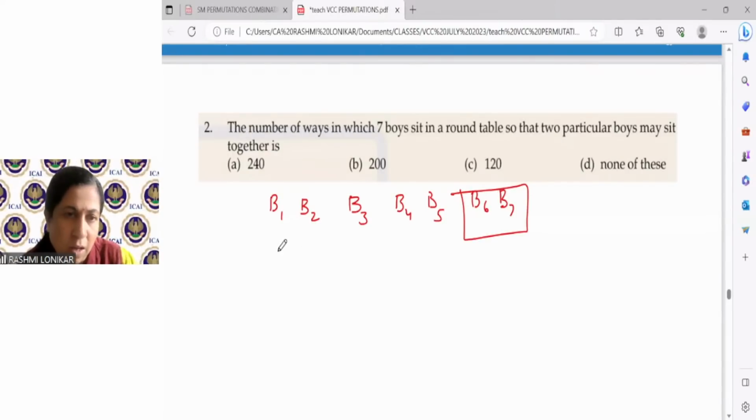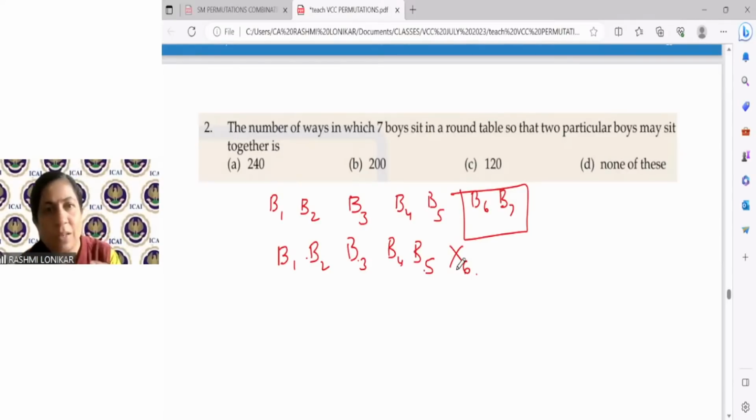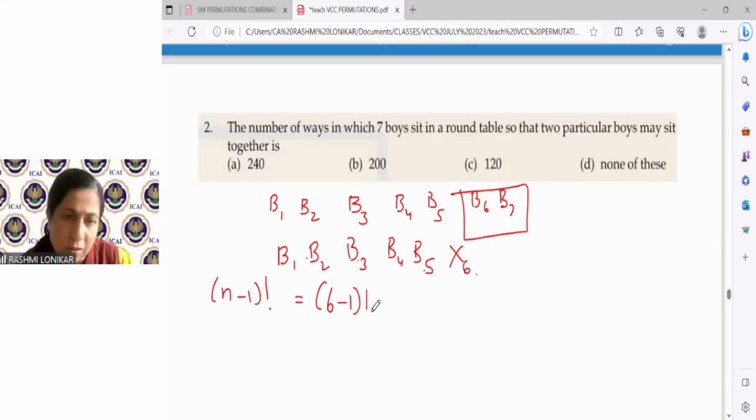So I have B1, B2, B3, B4, B5, and this I can say as X6. How many people are there? 1, 2, 3, 4, 5, 6. As if these two are sitting together on one chair. Not that type, but that is only there for our understanding. So this is 6 people sitting around a round table, that is (n minus 1) factorial, which will be how much? 6 minus 1 factorial, which is equal to 5 factorial, which is equal to 120.